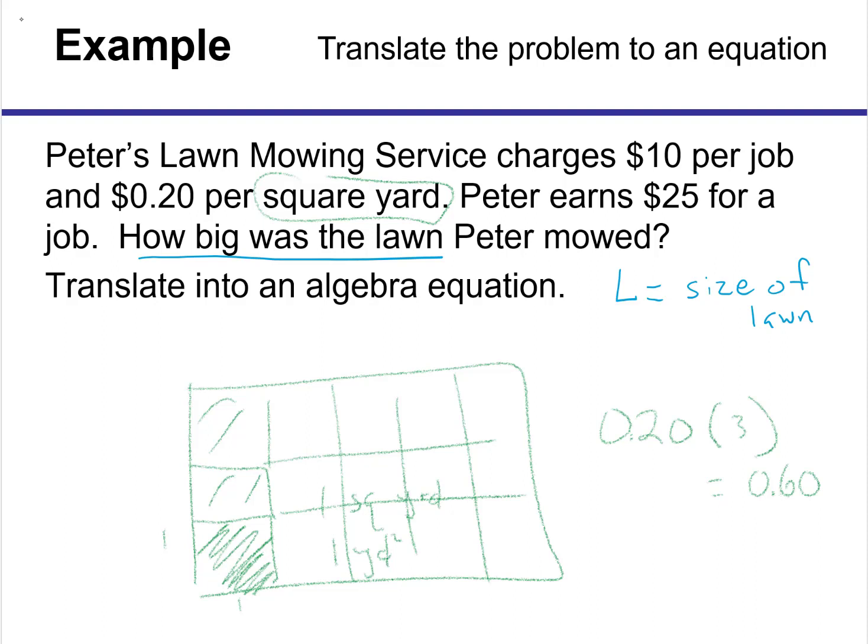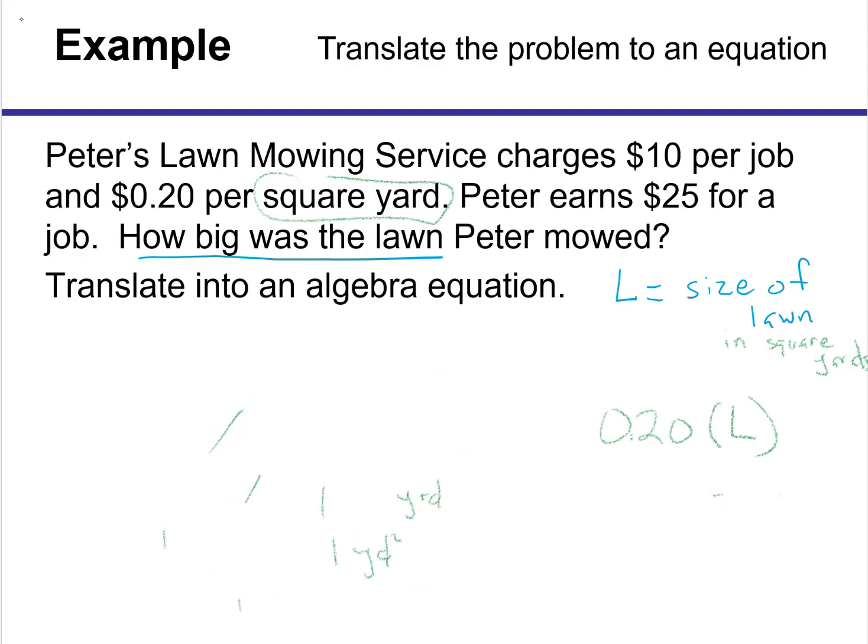So when we measure the size, we're going to have to measure the size of the lawn in square yards. And so if there's L of these little boxes, Peter would be charging 20 cents times each.